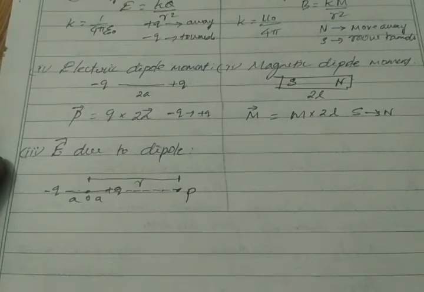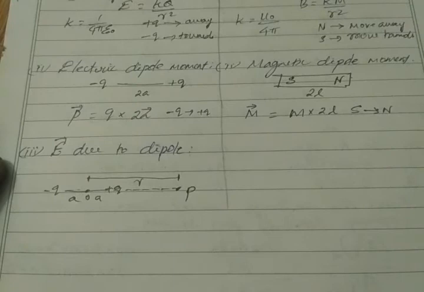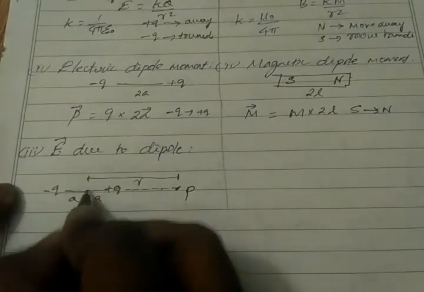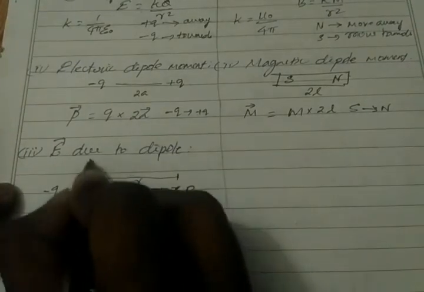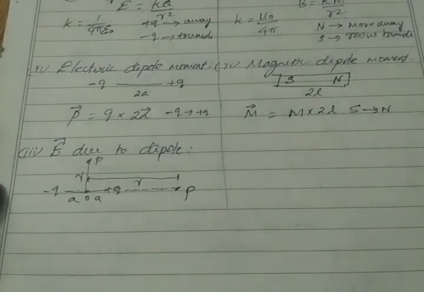What is the electric field at this axial line? Then similarly we can find the bisector value, that is equatorial plane. So consider a point P here at a distance of r in equatorial plane.